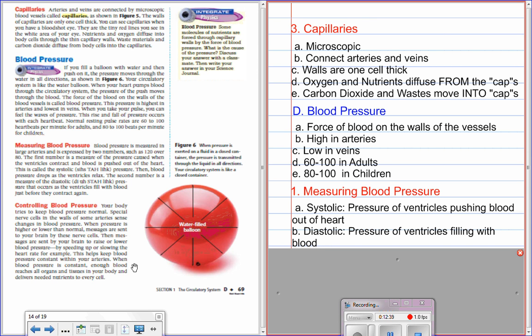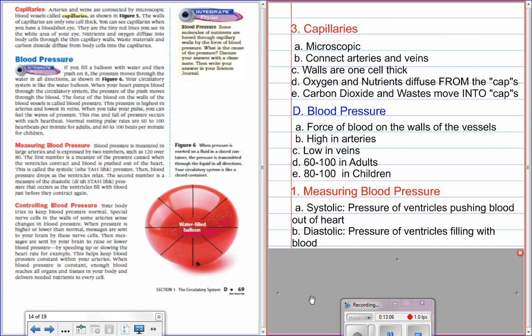Okay? So, to summarize, your body needs to keep the blood pressure normal. And nerves in the arteries help adjust your heart rate. So when pressure is higher or lower, your brain sends messages to the nerve cells to raise or lower the pressure. This is saying the same thing three different ways.